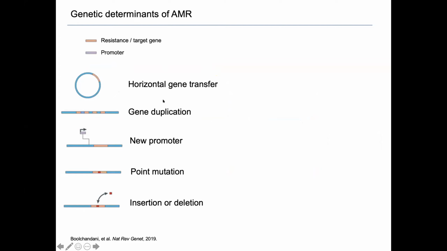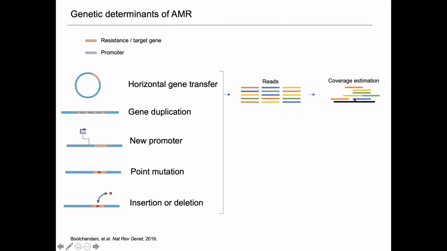In terms of bacterial genomics, after sequencing, we typically get sequencing reads. If we're trying to find, for example, this resistance determinant highlighted in black, what we can do is estimate the coverage of the reads that map to a particular resistance determinant that we're interested in so that we can identify it.